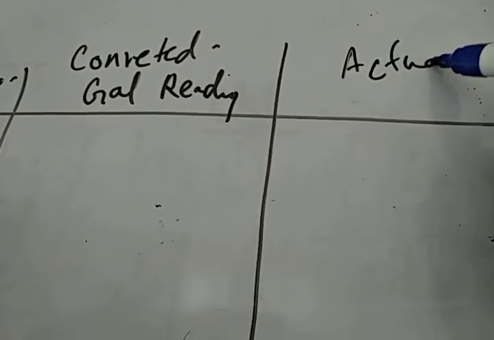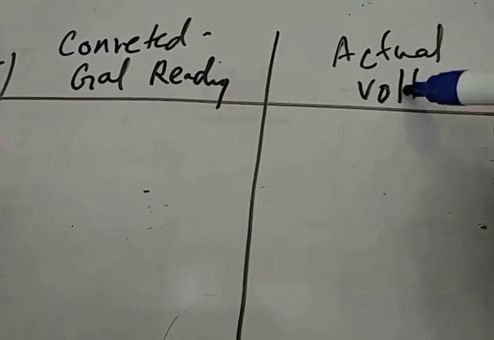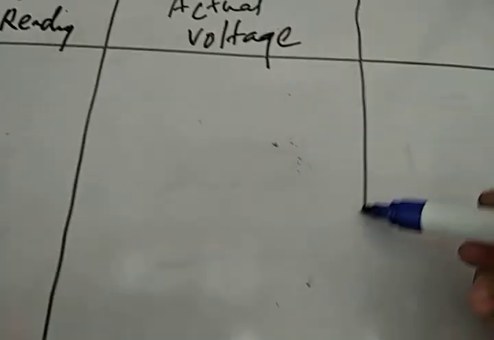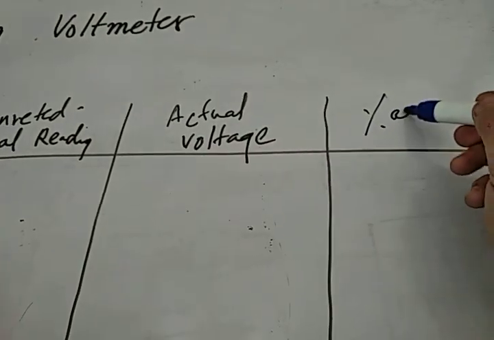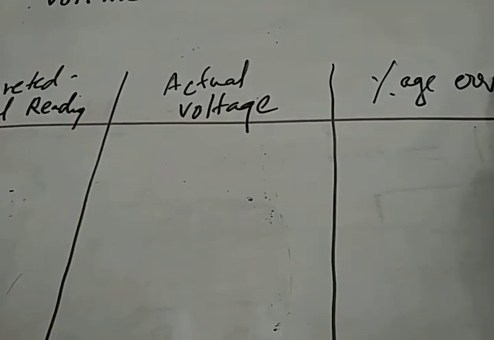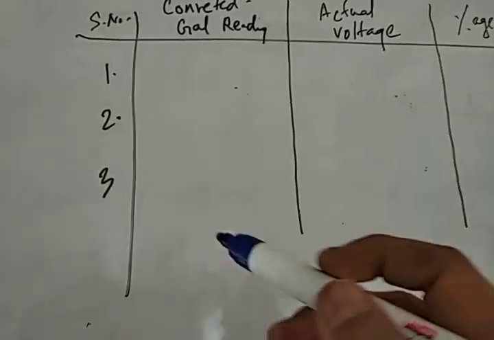We'll see the actual voltmeter reading, the actual voltage, and then we'll also find the percentage error, if there is some error.